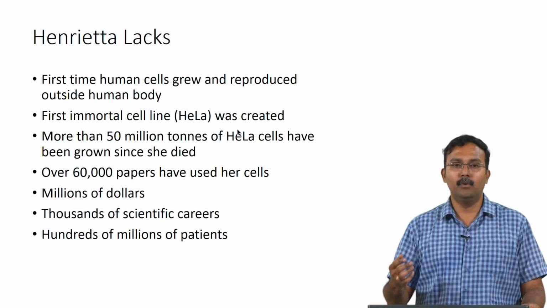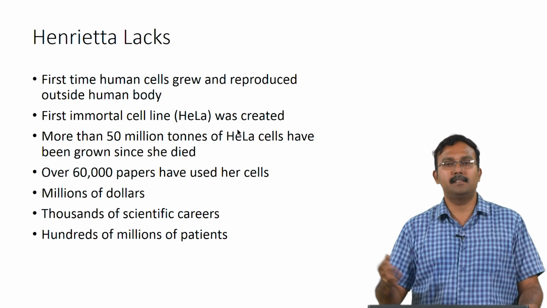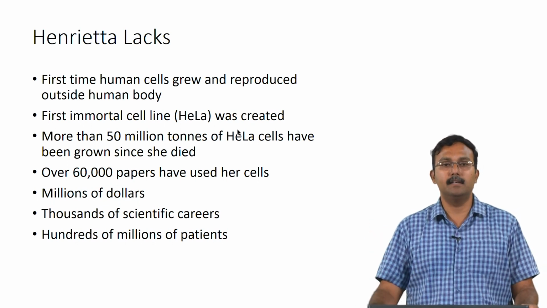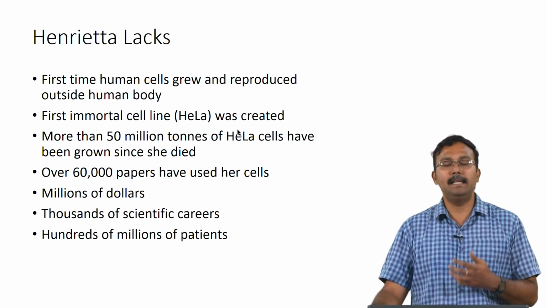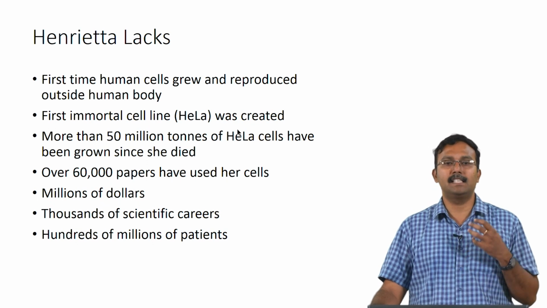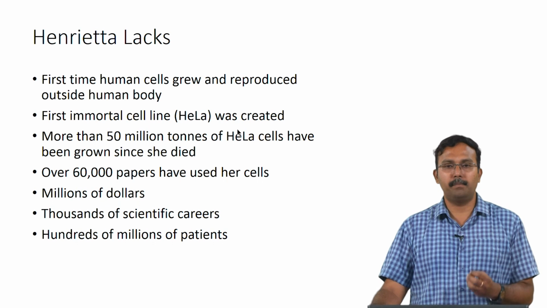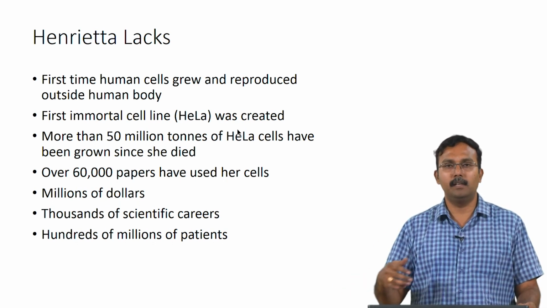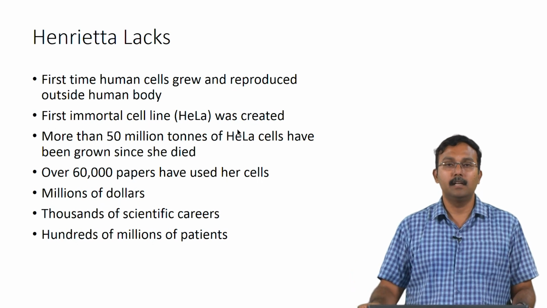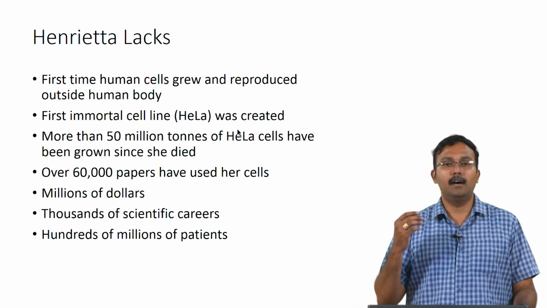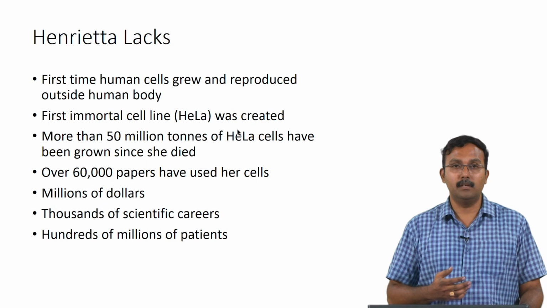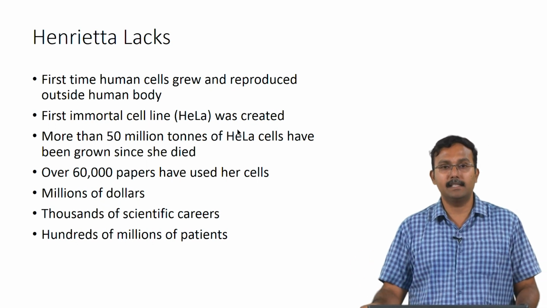Over the last 60 plus years, close to 70 years, more than 50 million tons of HeLa cells have been grown, and over 60,000 papers have used her cells. Publications in research journals number more than 60,000 and they have all used HeLa cells.